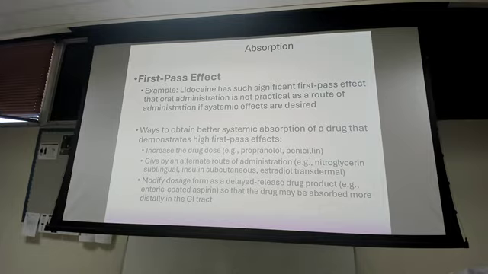If I'm going through that extensive first pass metabolism, then I'm not going to get the effect that I want. So what they did when they made the drug is they said, let's put it in a patch. If I put it in a patch over the site that I needed to go to, it's going to get absorbed right there and it's going to work right there. Okay, I'm bypassing that first pass metabolism. I don't have to worry about it, and now my drug gets to where I need it to go.